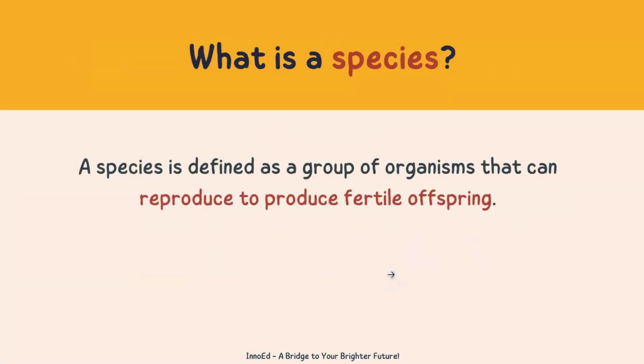So let's move on to the next topic. What is a species? A species means a group of organisms that can reproduce to produce fertile offspring. Here, reproduce to produce fertile offspring, you must be able to remember this and write them down in your exam to gain full marks.